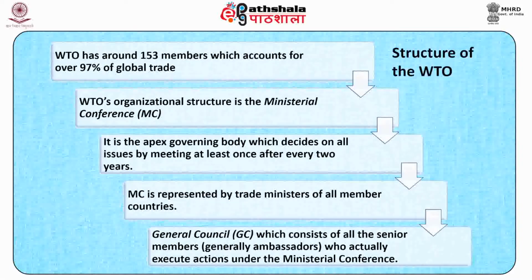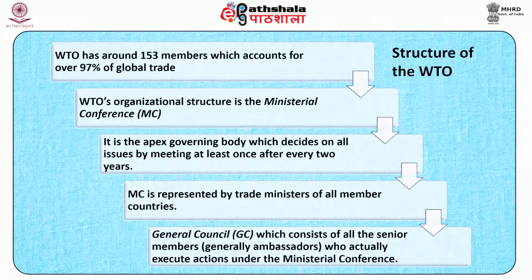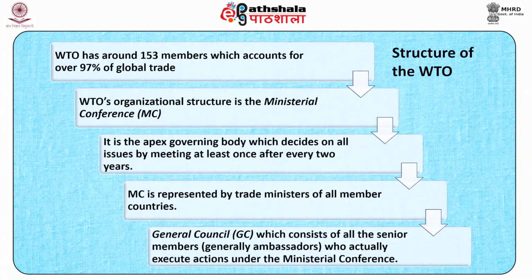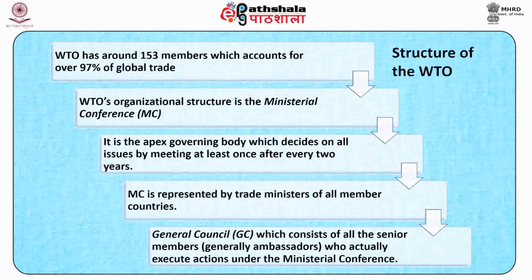At the peak of WTO's organizational structure is the Ministerial Conference. It is the apex governing body which decides on all issues by meeting at least once every 2 years. The MC is represented by trade ministers of all member countries.